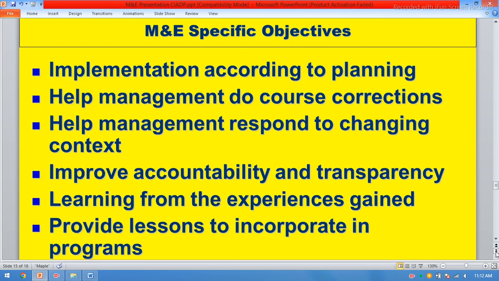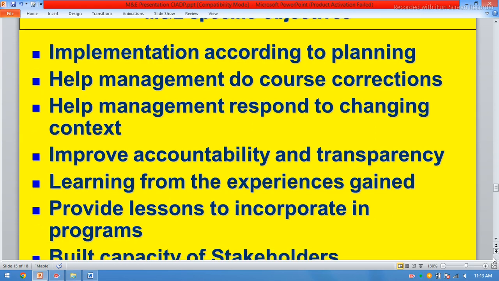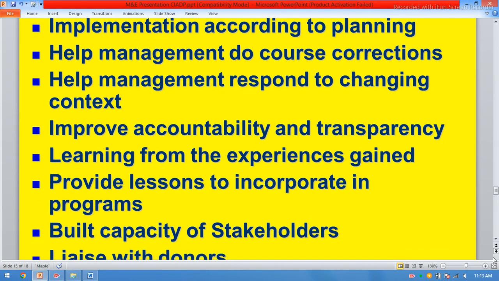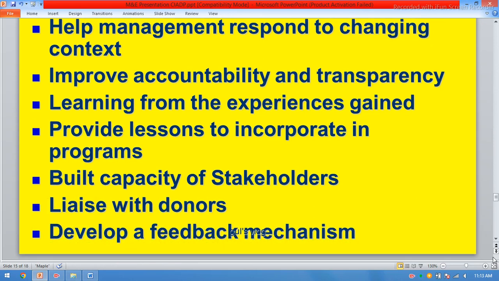Help management respond to changing context. Improve accountability and transparency. Learning from the experience can provide lessons to incorporate in programs. Build capacity of stakeholders, liaison with donors, develop a feedback mechanism.